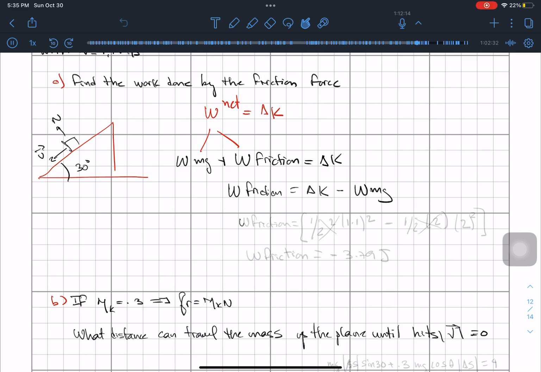Okay, so the work of the friction force is going to be equal to half the mass of the object times 1.11 to the second, which is the final velocity, minus half times 2, which is the mass of the object, times the initial velocity squared, right?